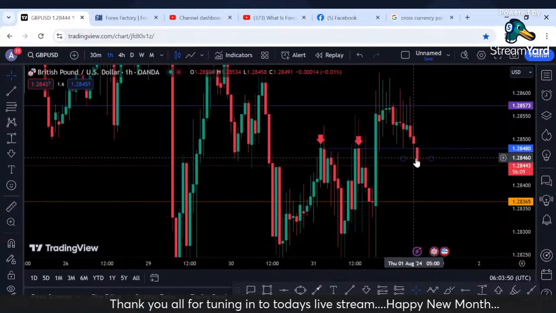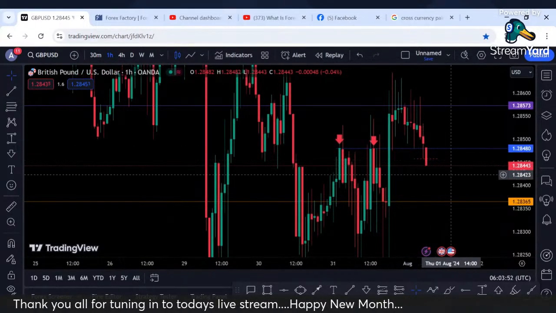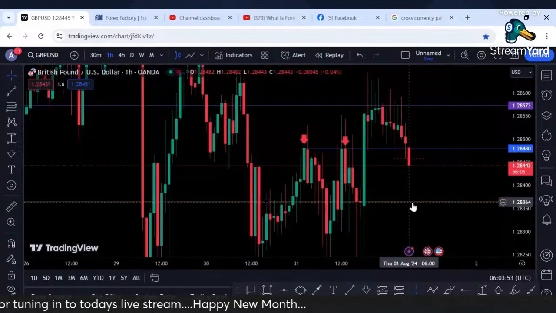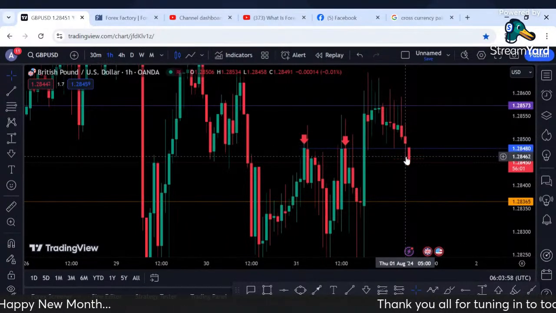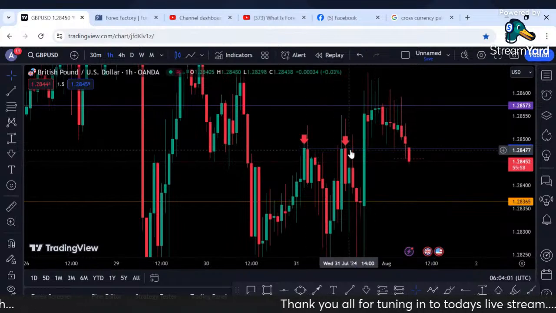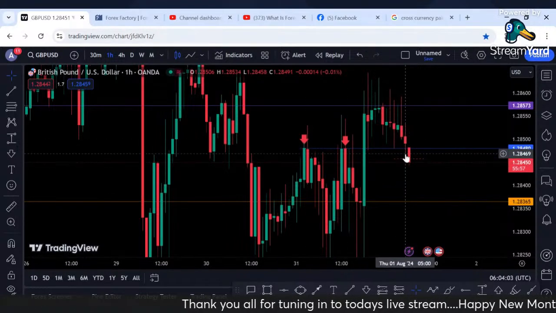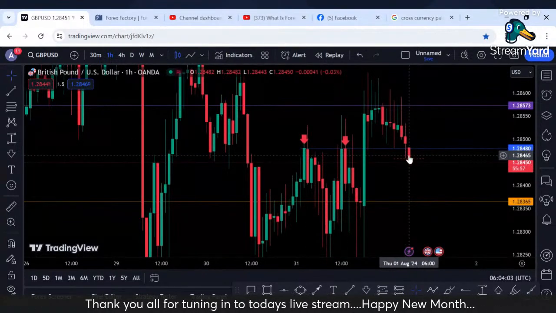Supposing if it broke beneath this one, I would have taken the sell, because this point would have been the target. But because it refused to break beneath these key areas, I refused to take the sell.